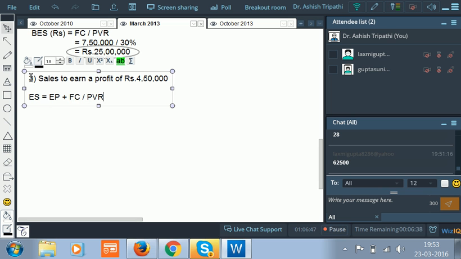Here we will have to apply the formula of expected sales, which is equal to expected profit plus fixed cost upon PV ratio. So let us put the value. Expected profit is 4,50,000 plus fixed cost. Fixed cost is 7,50,000 upon PV ratio. PV ratio is 30%.